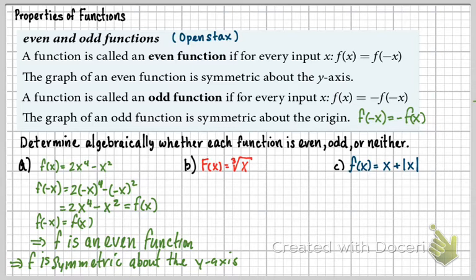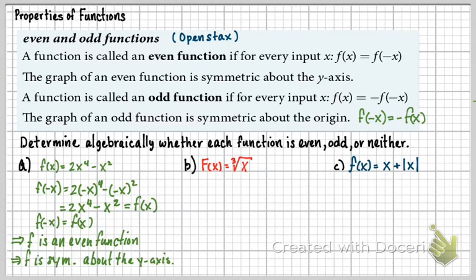So, next problem. We're going to take f of negative x, and that equals the cube root of negative x. If we understand cube roots, remember this is an odd index here.